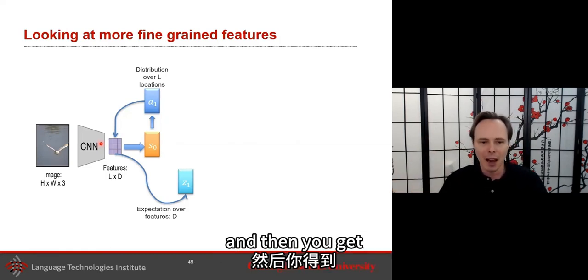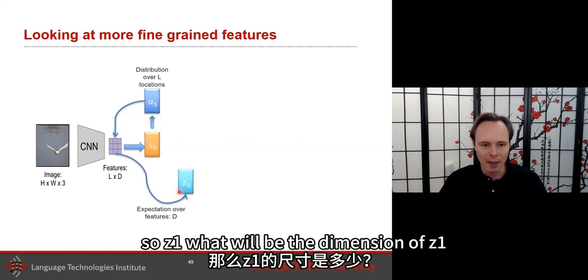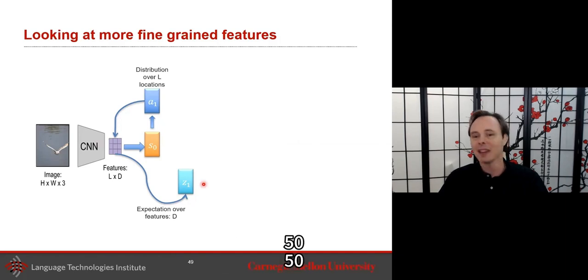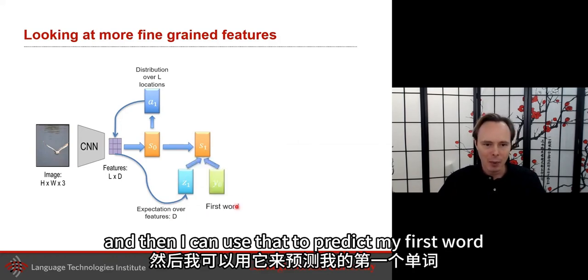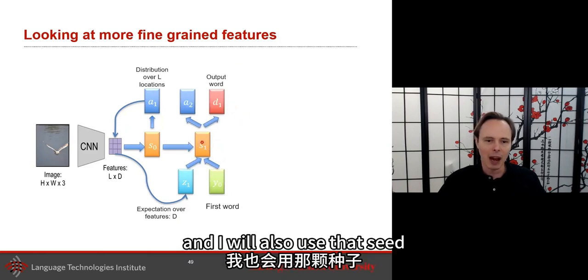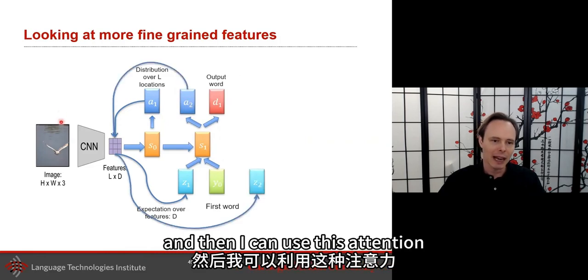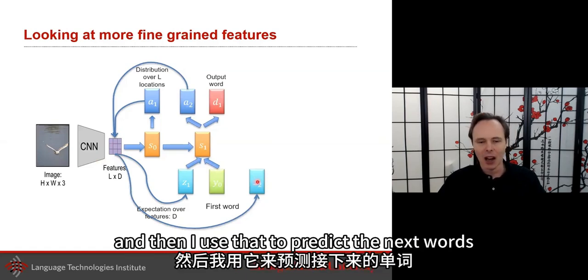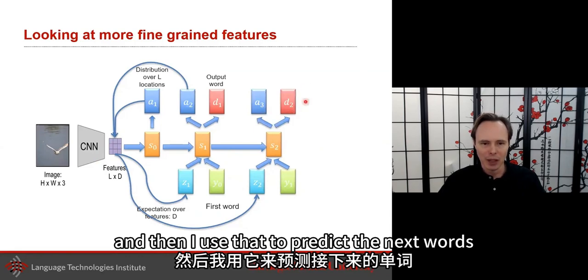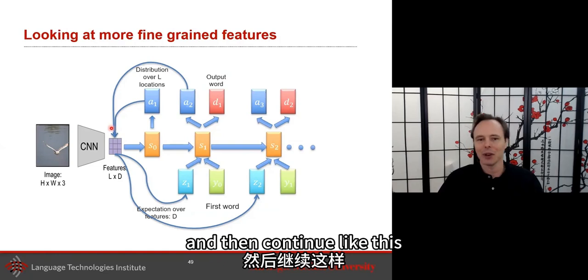And then you get Z1. What will be the dimension of Z1? 50, 1 by 50, okay? And then I can use that to predict my first word, and I will also use that seed to predict my new attention, and then I can use this attention to predict the next Z, and then I use that to predict the next words, and then continue like this.